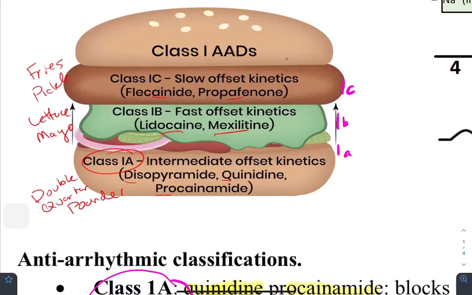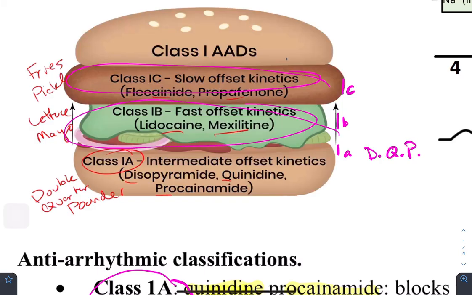Okay? Well, A is actually your double quarter pounder. What I mean by that, this hamburger has two pieces of meat on it. So they call it double quarter pounder.